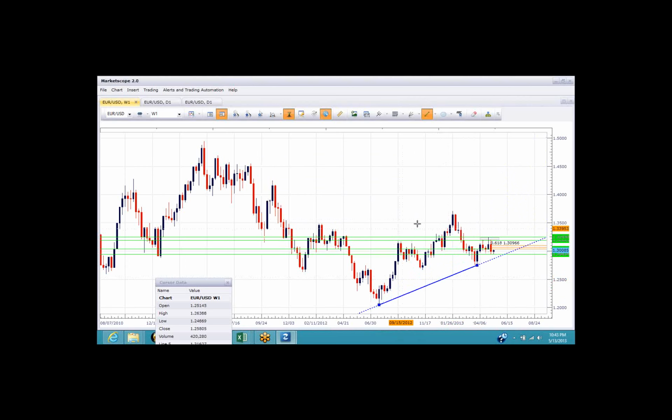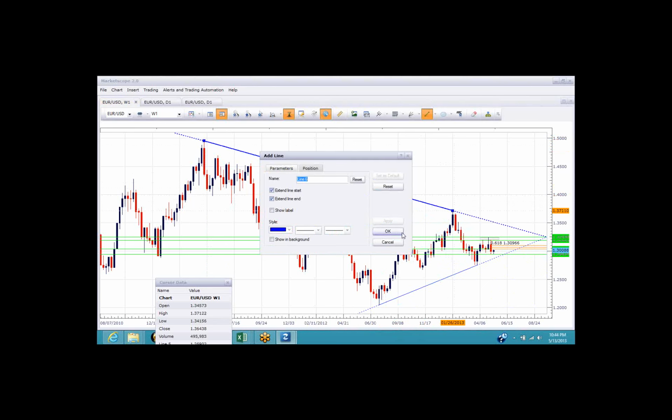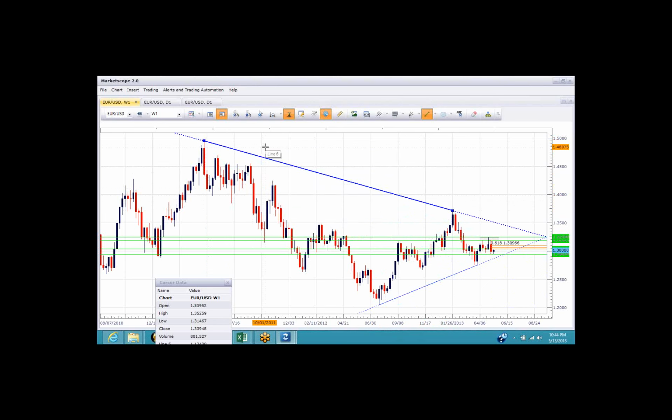Okay, cool. Will that go all the way up here? Okay, let's see. Actually, I want everybody to do this exercise. So we have the euro against the dollar on the weekly. I want to see how you guys draw your trend lines.